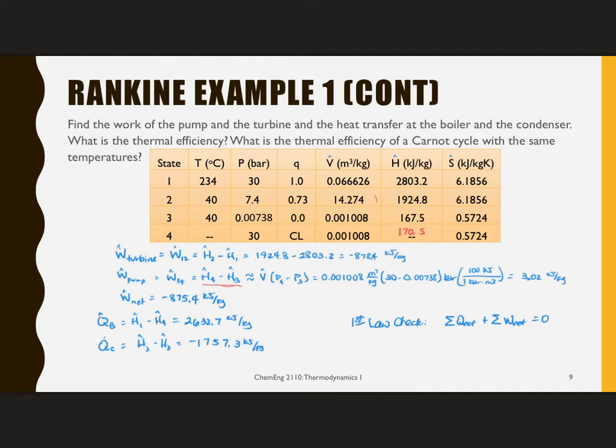And if I add these up, 2632.7 minus 1757.3 minus 875.4, and we indeed get that that's 0. Now, as long as you're, like to the last decimal place, you may get a 0.1 or something like that, consider this to be valid, all right? So I have all of my values of the work and heat transfer.